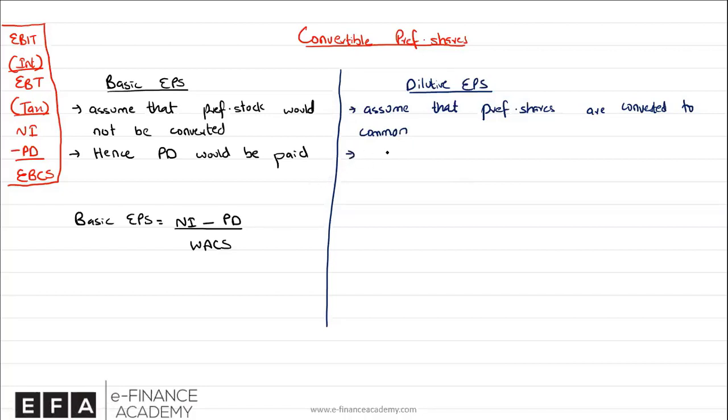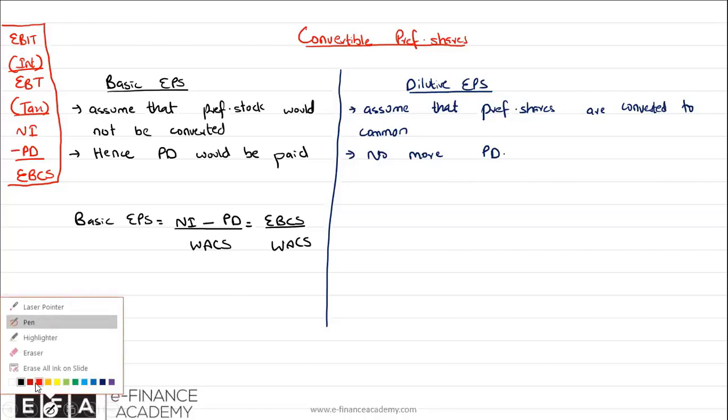So we would not have to pay preferred dividend anymore. We would not be paying any preferred dividend. Now, I'd like to just go back and write here. We could write it this way, or we could write it as EBCS divided by weighted average common shares, right? You would end up with the same answer.